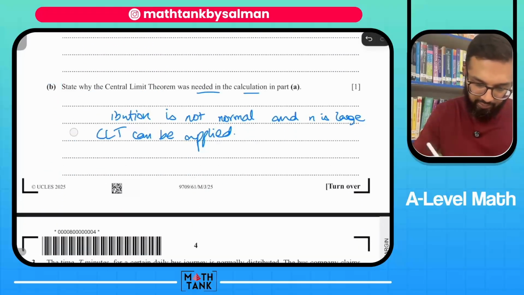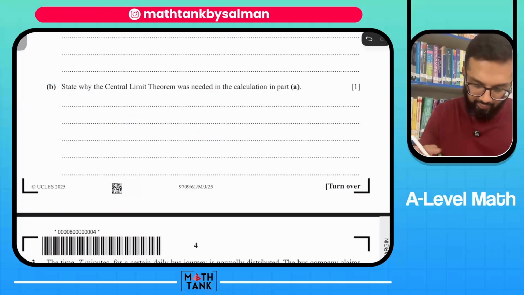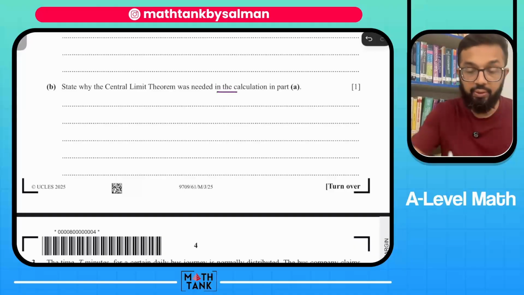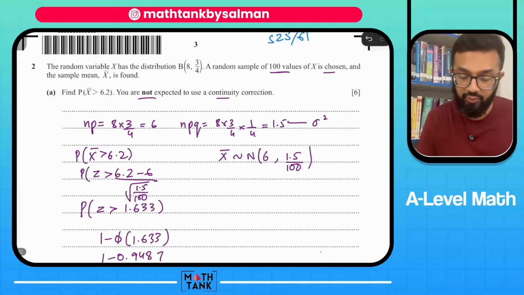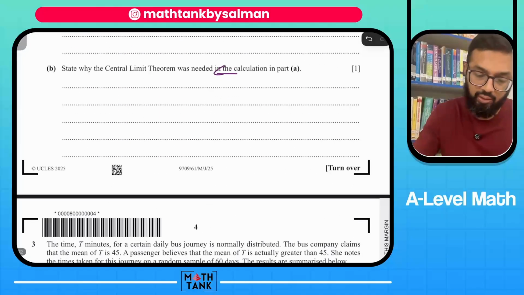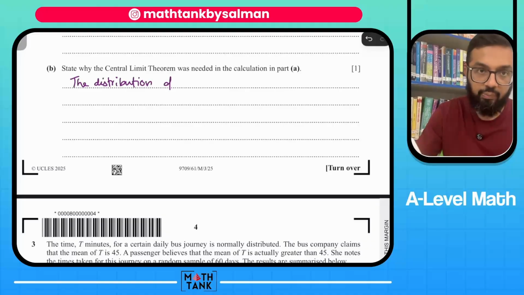Part B says: state why the central limit theorem was needed in the calculations in part A. Why was it needed? Because the distribution of X was not normal, it was binomial.